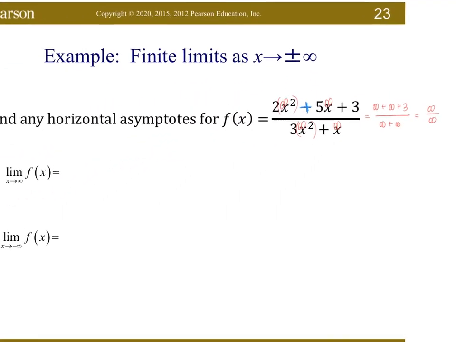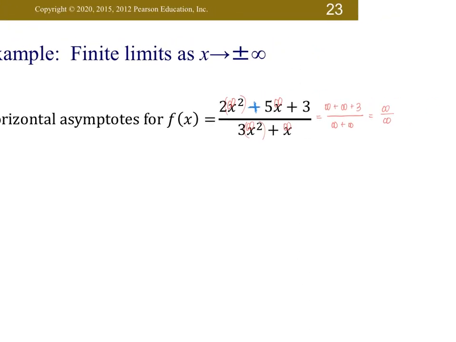So we're going to come back, and now we're going to approach this algebraically. Let me look at what the highest power of this problem is. The highest power is the degree of 2, so a highest power of x squared. That means I want to divide all the terms by x squared, each term, and reduce where I can.